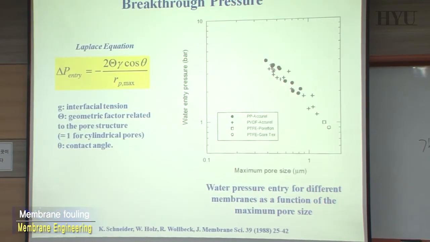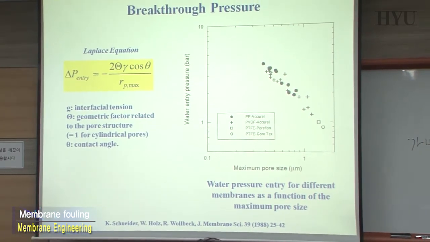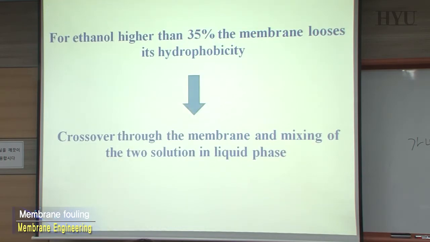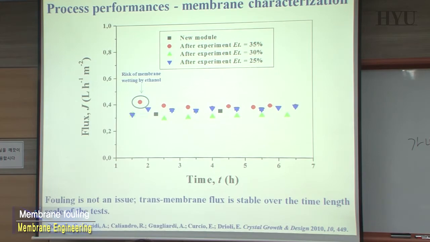If we change, that's what can happen. We can have a situation, sorry, this is a different one really, in which the water entry pressure changes very much. Here it is changing because of the size of the membrane pore, which is another effect that we have to consider. But you can have similar phenomena because the membrane is changing from hydrophobic to hydrophilic. And that's why we have to be sure that we can operate in this kind of situation.